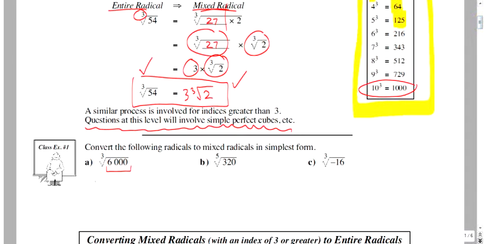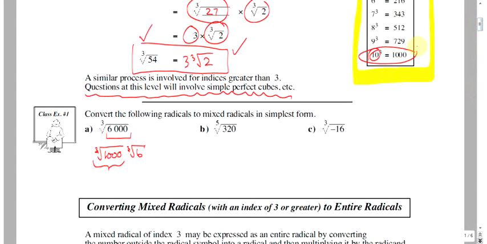Let's split that up into the cubed root of 1,000 because I know what that is. That's a perfect cube. And the cubed root of, well, 6,000 divided by 1,000 is 6. And what times what times what is 1,000? 10. Yeah, okay. That's why it's on this list, right? It's a perfect cube. So that's 10 times the cubed root of 6.